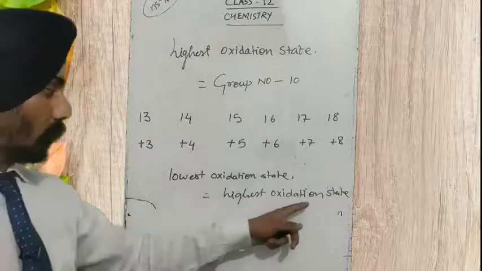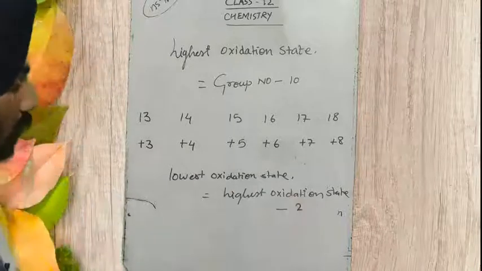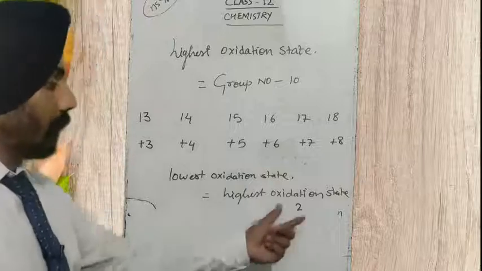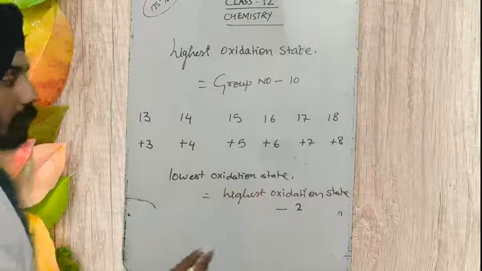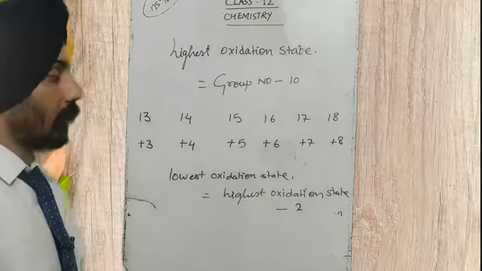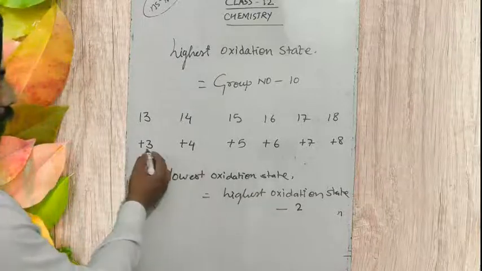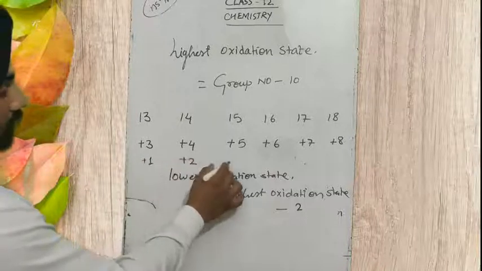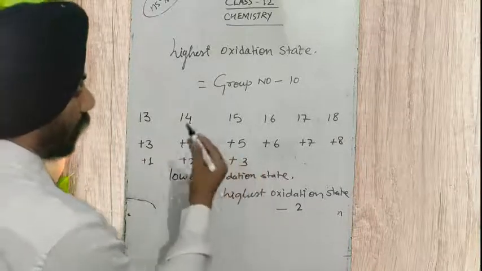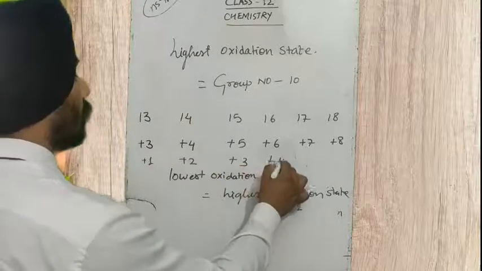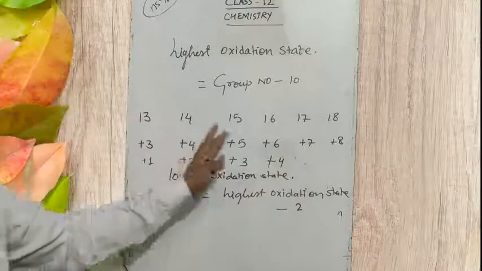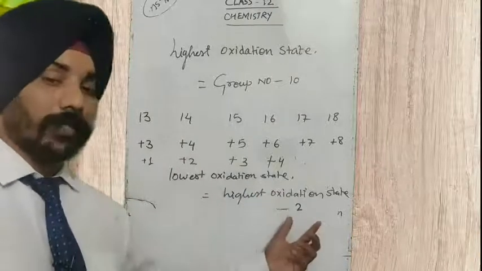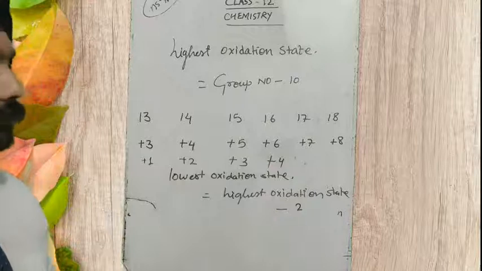Okay, I'll tell you the reason for subtracting 2. So the highest oxidation state is subtracted by 2, and whatever number is left is the lower oxidation state. So 3 minus 2 is +1, here it is +2, here it is +3 and here it is +4. Okay, we talk about the lowest oxidation state, highest oxidation state minus 2, up to group number 16.